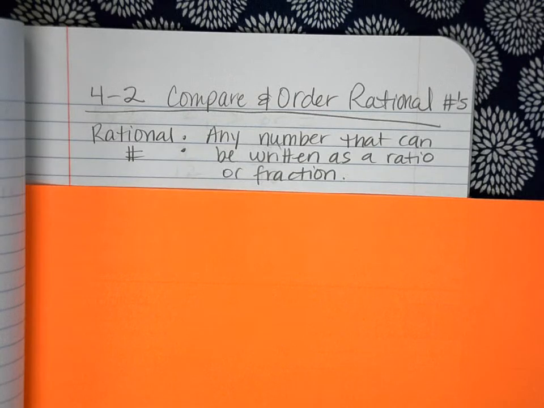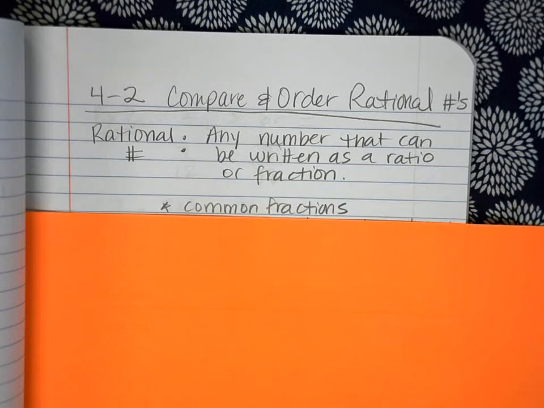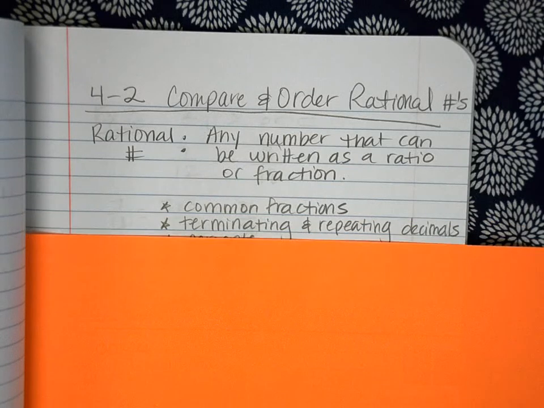A rational number is any number that can be written as a ratio or fraction. These include common fractions, like 1/2, 2/3, terminating and repeating decimals.